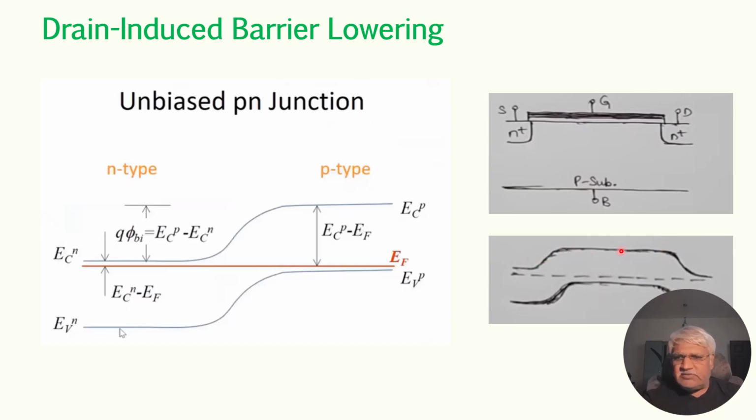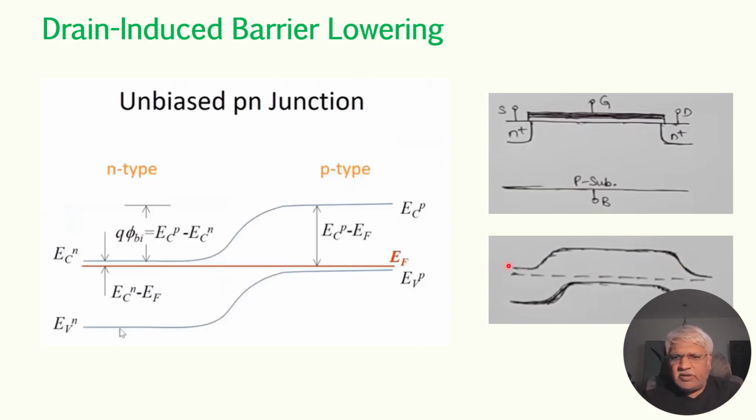Here this is very long because this is a long channel device, and since this is a PN, here this is a P, here this is PN, this will be a reverse, hence this will go in this fashion.